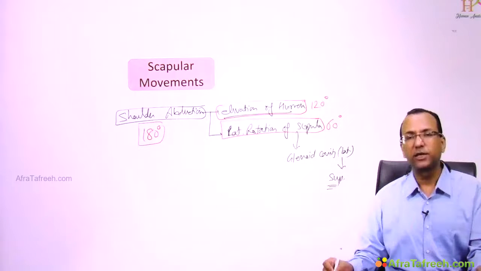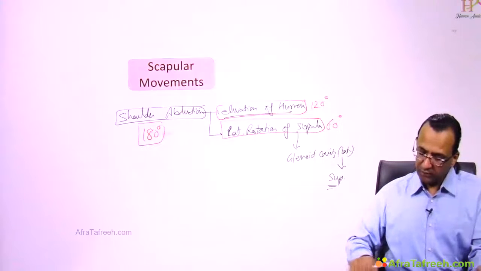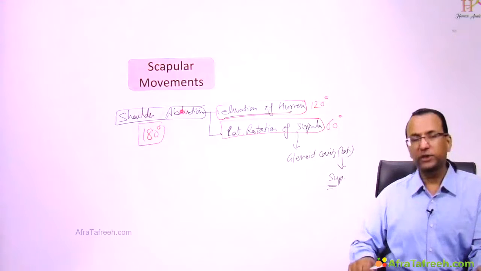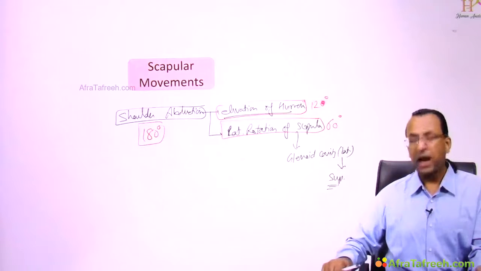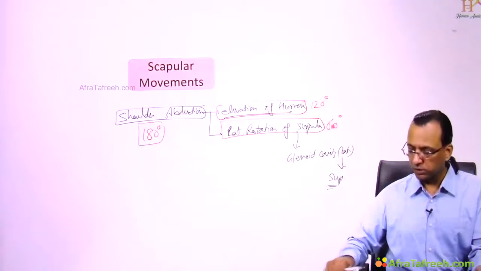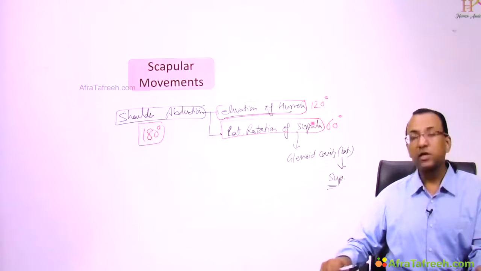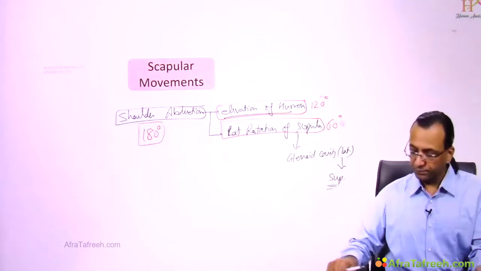That is the ratio, because both things happen simultaneously. If you have done 180 degrees of shoulder abduction, then you have moved the humerus 120 degrees and the remaining 60 degrees was due to lateral rotation of the scapula.